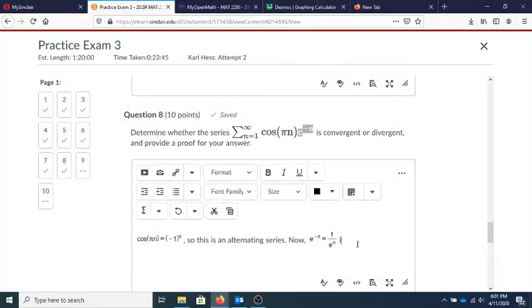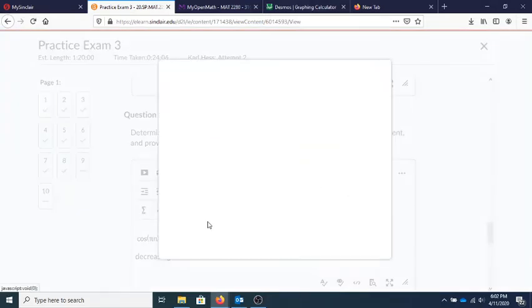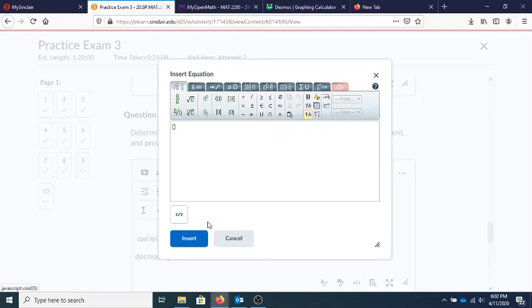So that is positive and decreasing. Okay, positive and decreasing for n greater than or equal to 1.